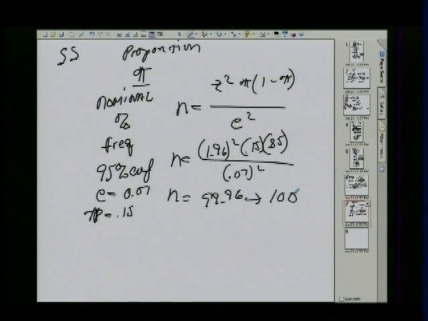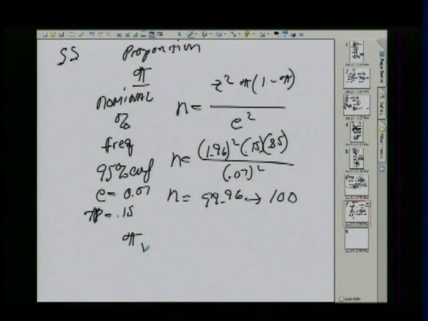Now, here we had the advantage of knowing what the proportion was. It gave us that information. If it didn't give us that information, we'd have to use something else. So there's my first choice, pi. If I don't know pi, then I'm going to use the sample proportion, which is p. If it gives me the sample proportion, I would use that as my second choice. If I don't know either one, then my third choice is 0.50.